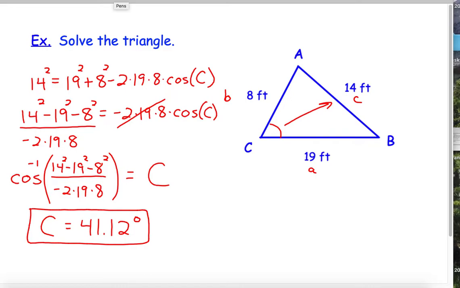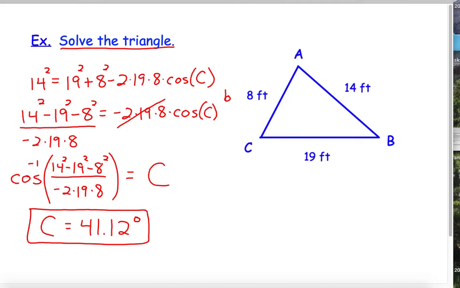So remember, we're solving the triangle. That means we're finding all the measures of all the sides, which we already have, and the measures of all the angles. So now I have to go ahead and do it for angle A. So I'm going to erase those. If you need to keep them in, keep them in.